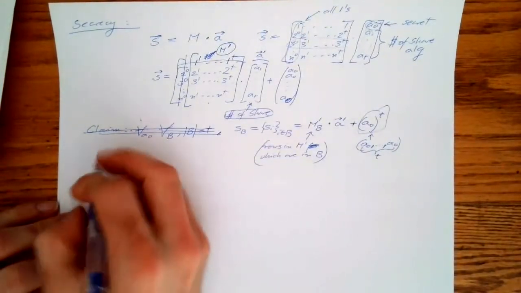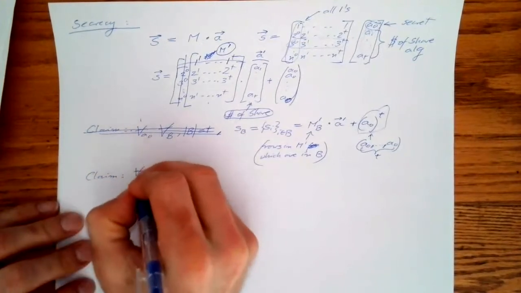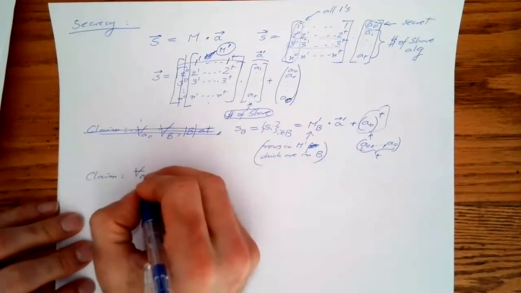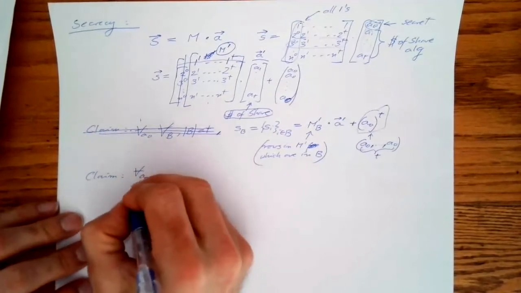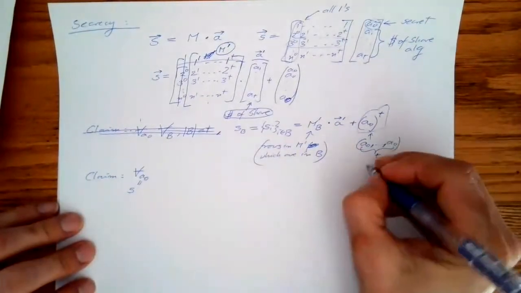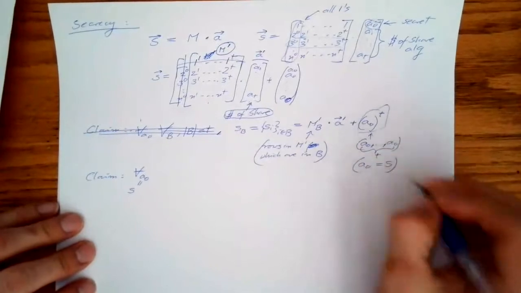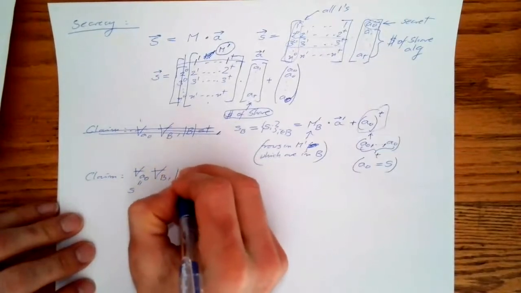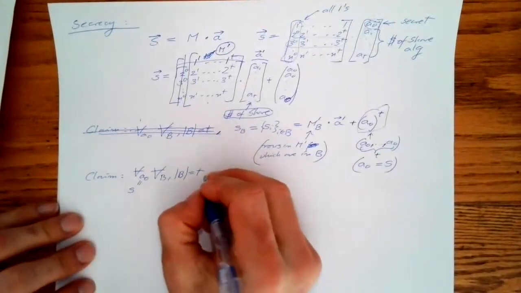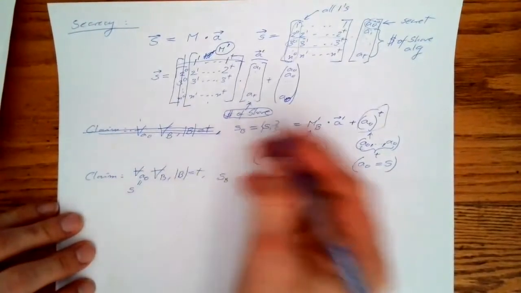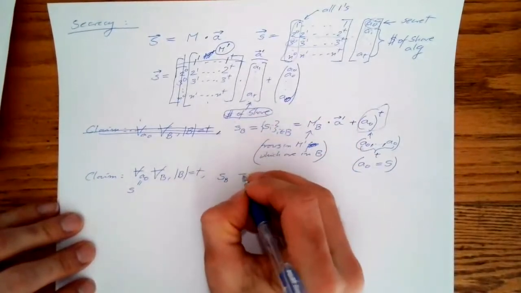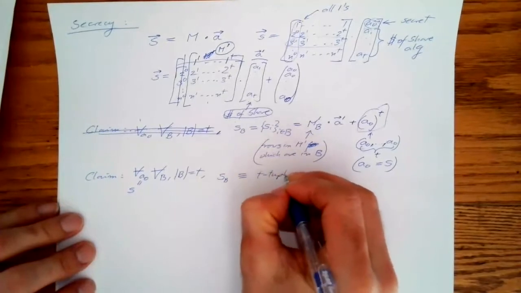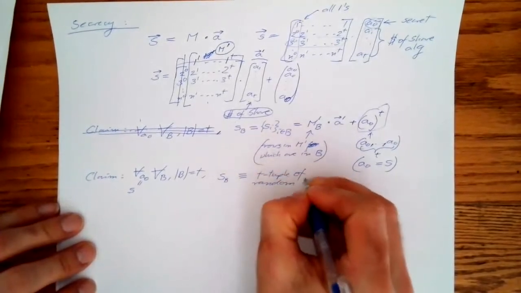And the claim about it is that for any A0, which is equal to any secret, so A0 is fixed as secret S, and any subset of T bad players, the distribution of this SB vector is identical to a T-tuple of random field elements.